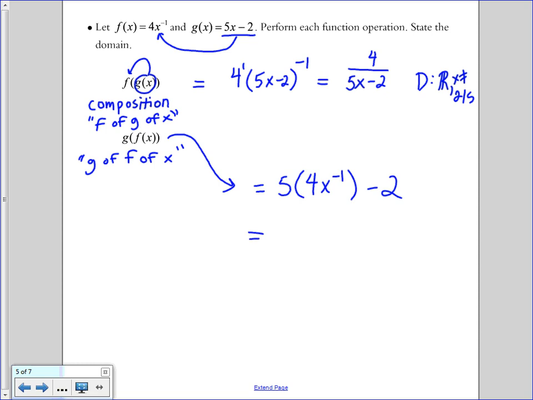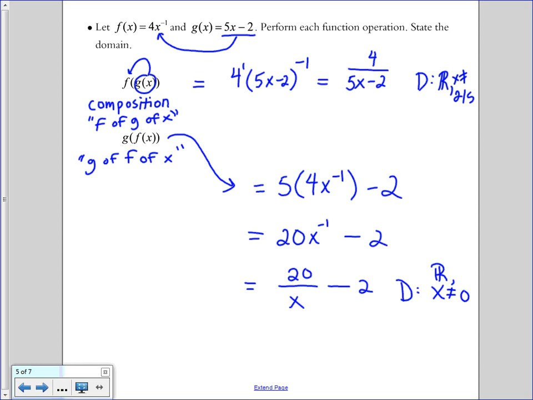So I can multiply 5 times 4 here, which is going to be 20, x to the -1 power, minus 2. Then I have to rewrite this as a fraction, because I can't leave my final answer with a negative exponent. If you wanted to combine these, you can, or you can leave your function just like this. I'm going to leave it just like this and specify that the domain is that x cannot equal 0, but it is all other real numbers.